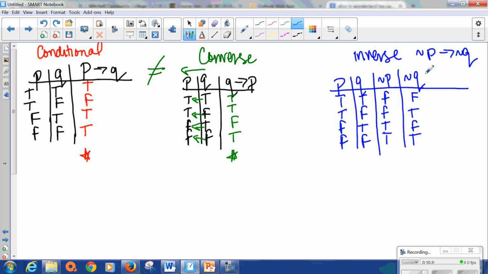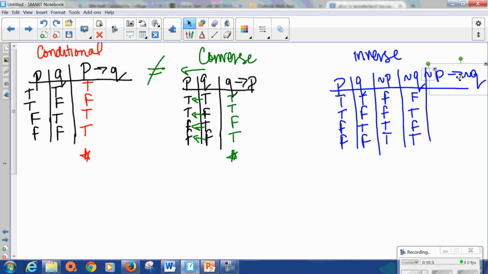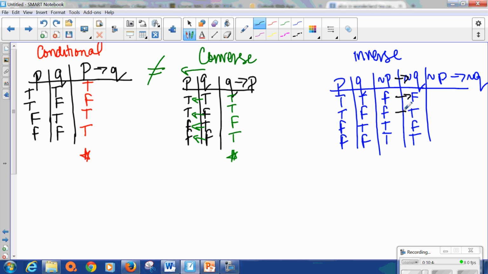So now we can look at this. If I could squeeze it in. Kinda. There we go. And we're going to use these two columns. And we're going from the not P to the not Q. False to false is true. False to true is true. True to false, that is false.